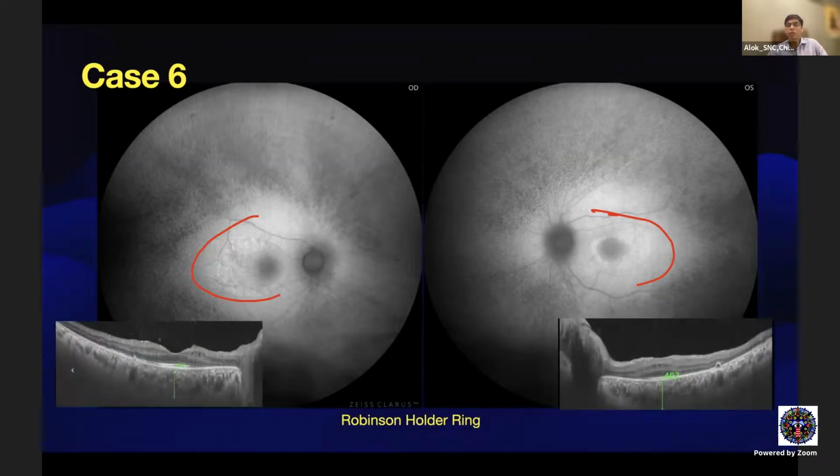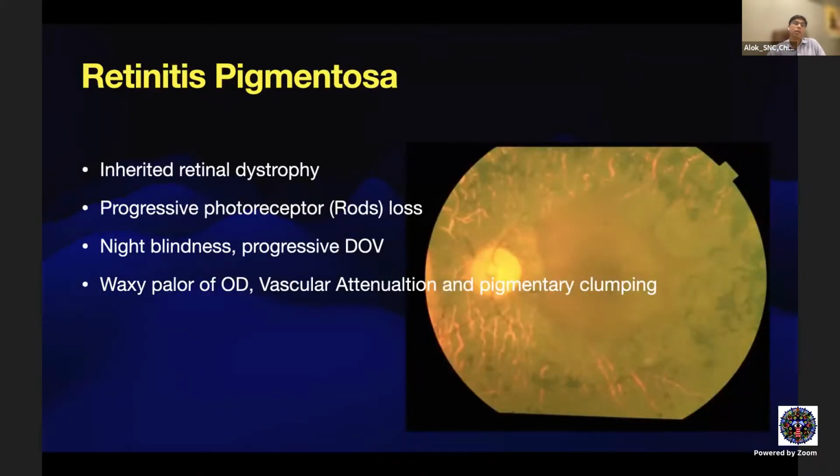And this corresponds to the OCT as well. You can see the ellipsoid zone in the posterior pole, while temporal to that, there is absence of ellipsoid zone.